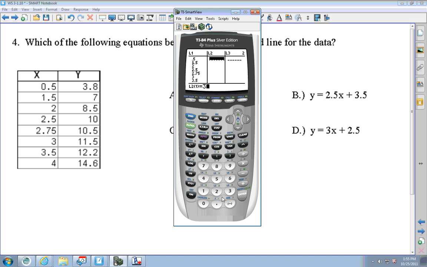Let's put in there 3.8, 7, 8.5, 10, 10.5, 11.5, 12.2, 14.6. Okay. Now, once you put your points into L2, if I press graph, I don't see anything.